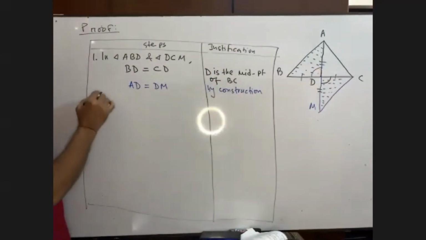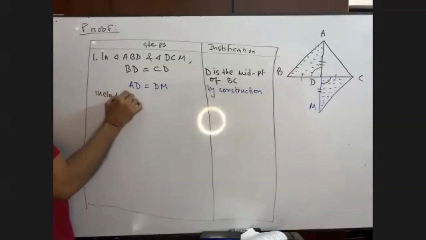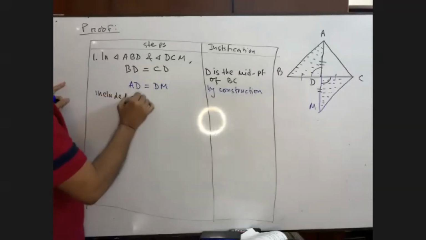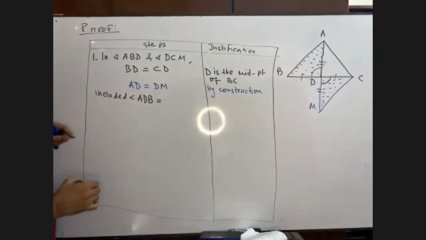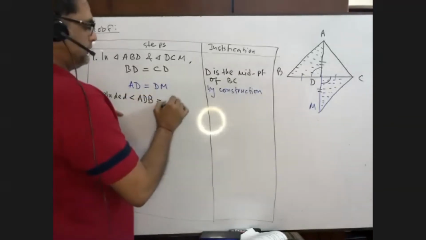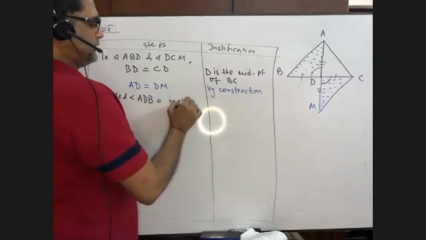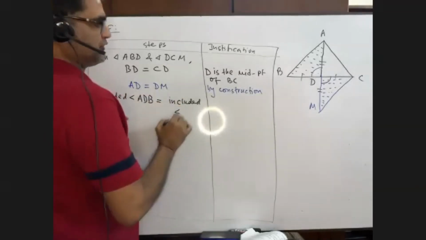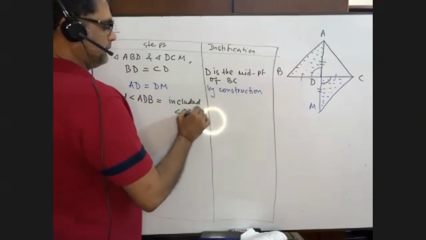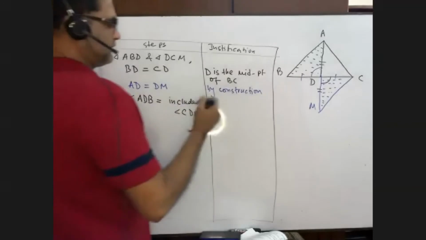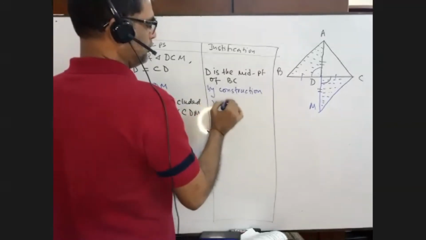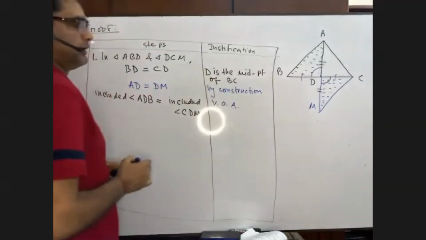But if you don't write included angle, you will get 0 marks. Write down included angle ADB. Why do we have to write included? In the formula, there is included. And included angle CDM. And side note, vertically opposite angles are equal.